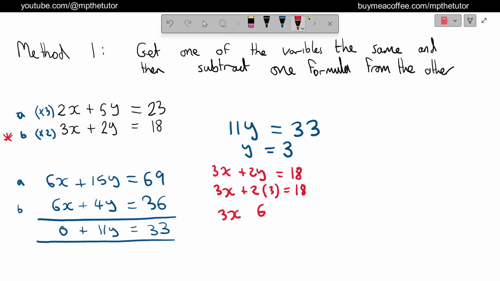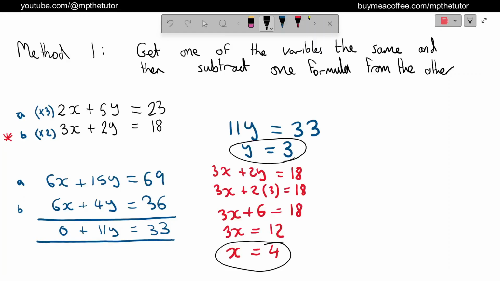So 3x plus 6 equals 18. I'm going to take away the 6, so we get 3x equals 12, and that means that x equals 4 by dividing both sides by 3. So that gets our two answers. Y is 3 and x is 4.